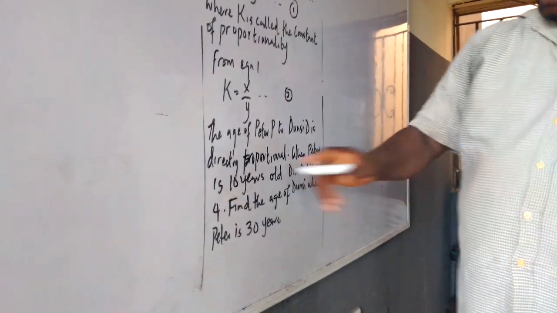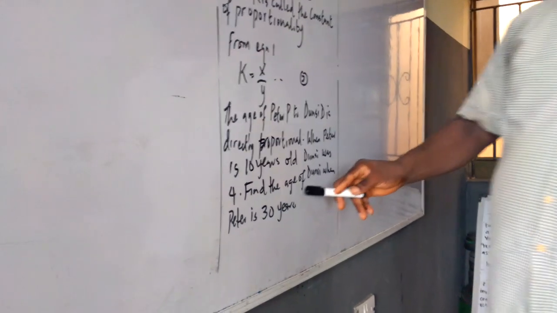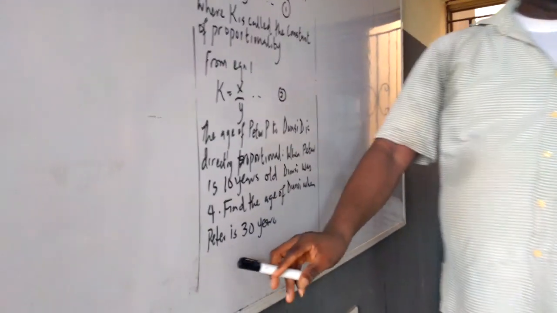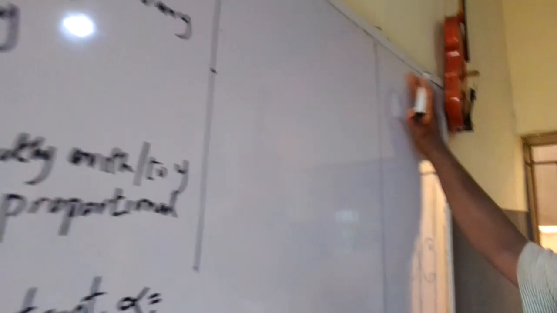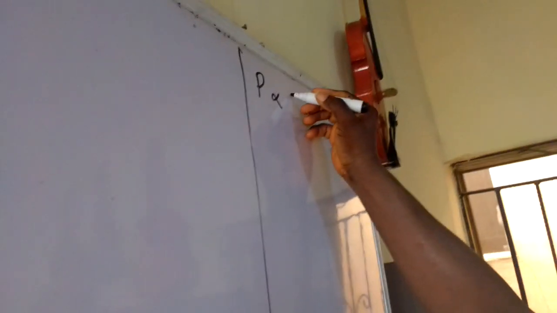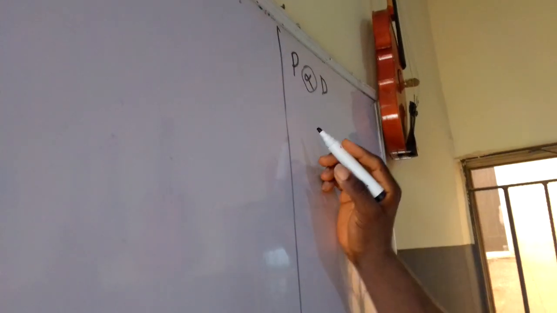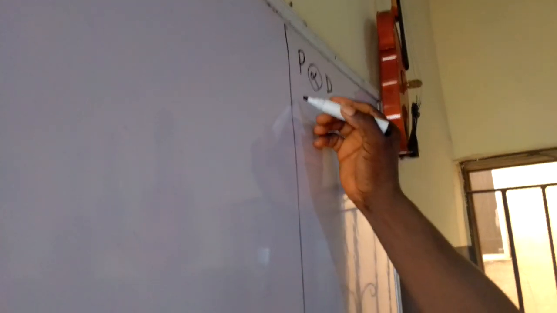When Peter is 10 years old, Dunsi was 4. Find the age of Dunsi when Peter is 30. So let's compare. Peter P is directly proportional to Dunsi D. We cannot use this sign to do anything, so we introduce a constant.